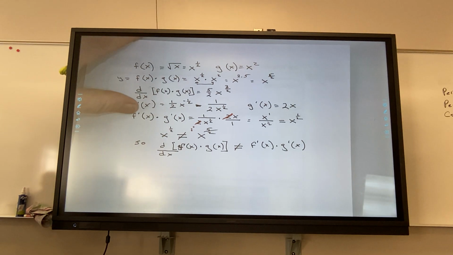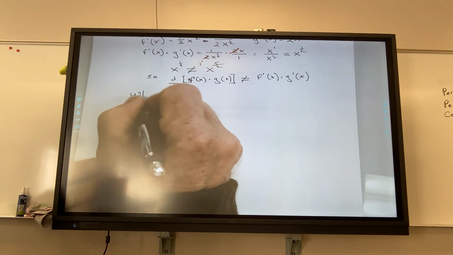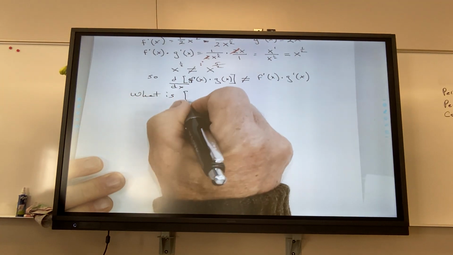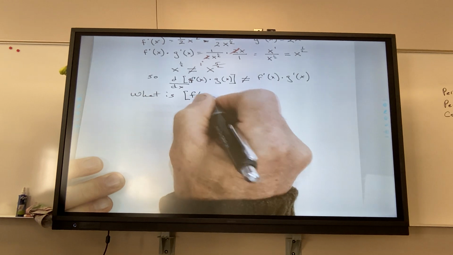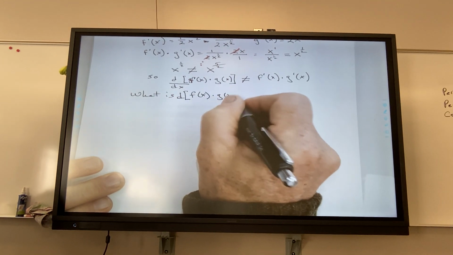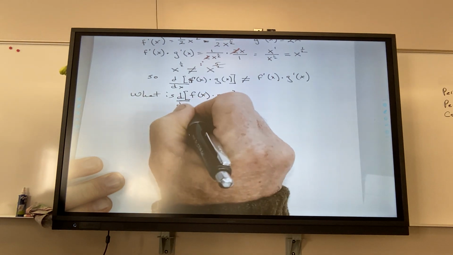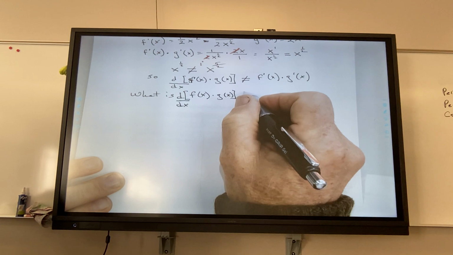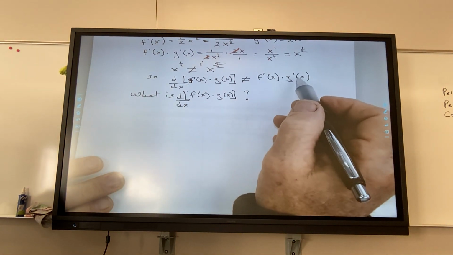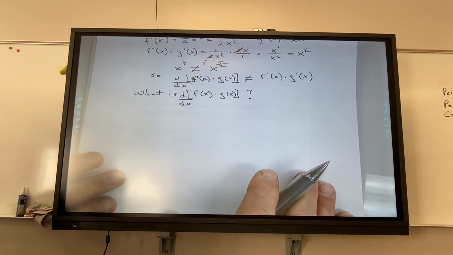So the question is, what is the derivative of f of x times g of x with respect to x, if it's not the product of the derivatives? Well, it's going to be this.